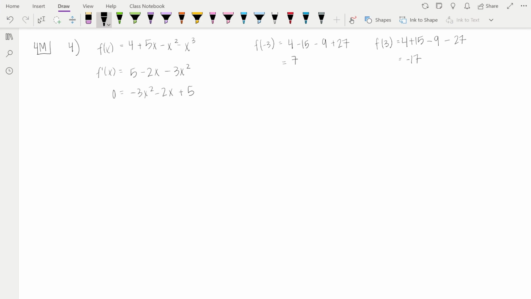Okay, so this factors. I'm going to go ahead and factor it. I know that negative 3 and 5 make negative 15, so I'm going to have a negative 5 and a positive 3. We'll have negative 3x times x minus 1 minus 5 times x minus 1.